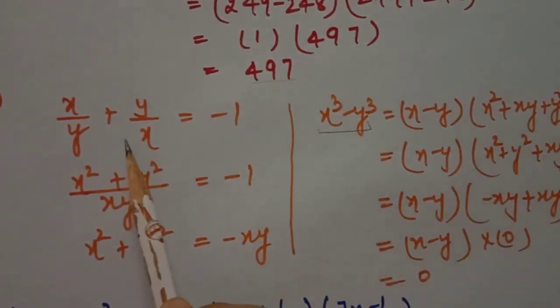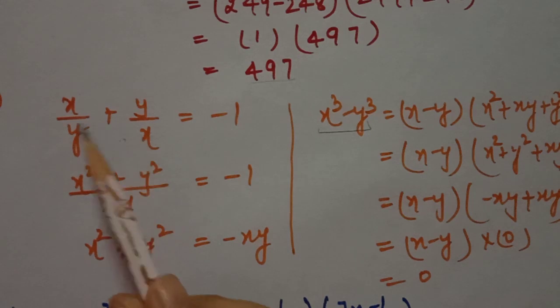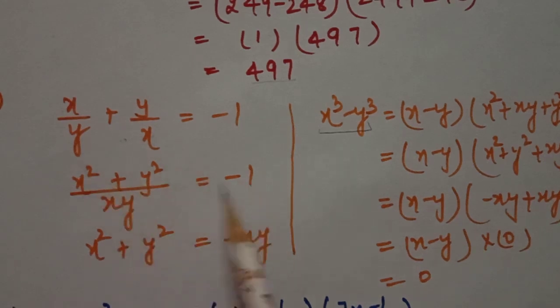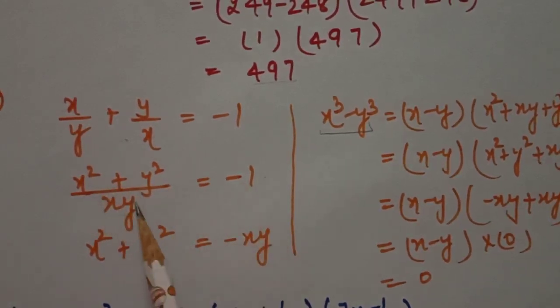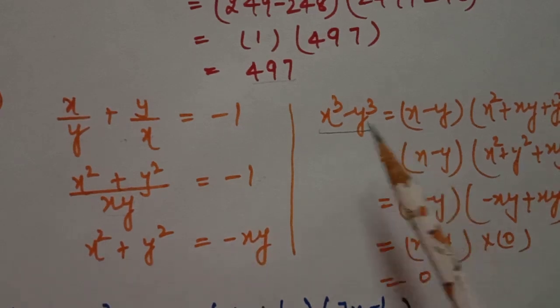So first of all, we have to take LCM for solving this statement. So we will take LCM as xy. After taking LCM, we cross multiply, it is x square plus y square which is equal to minus 1. Then we will shift to the other side. Here it is in division, then here it is in multiplication, so it is minus xy. So the value of x square plus y square is minus xy.